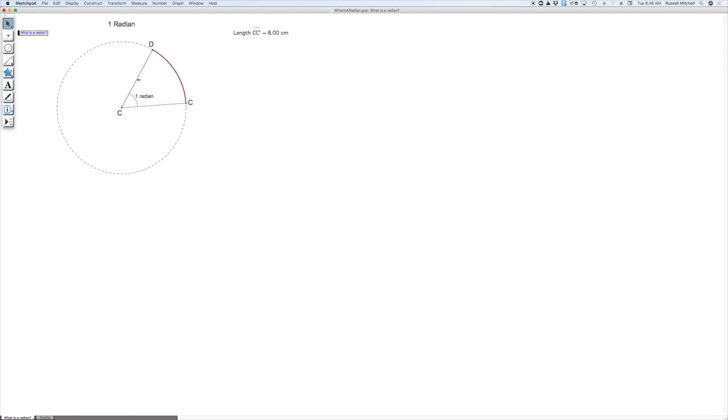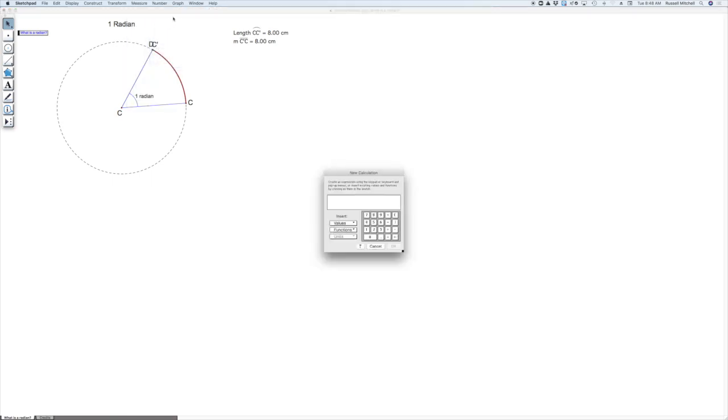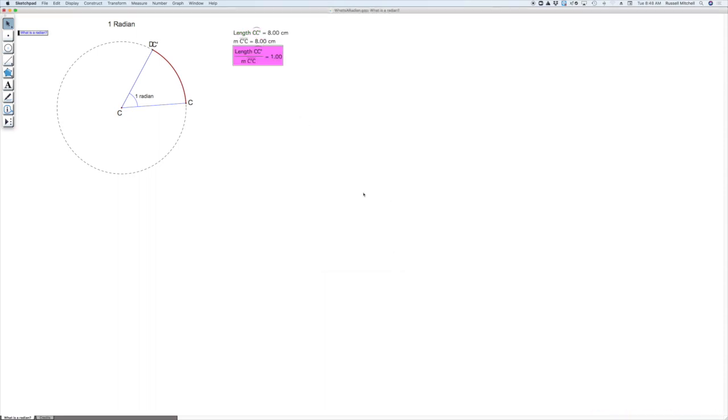Then I'm also going to measure the radius, find the length of it, and do a calculation here. I'm going to take the arc length and divide it by the radius, and they're both the same, so I'm going to get 1 here. Why is it 1? Because this length and the radius are the same.